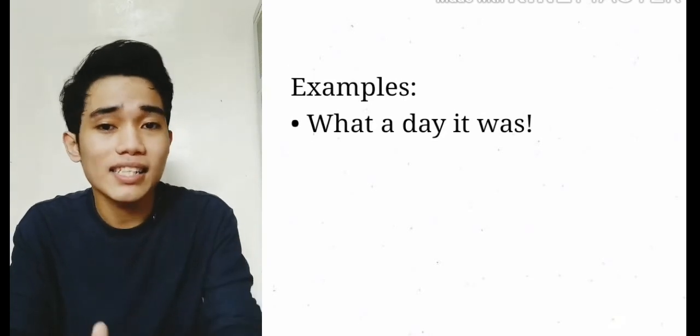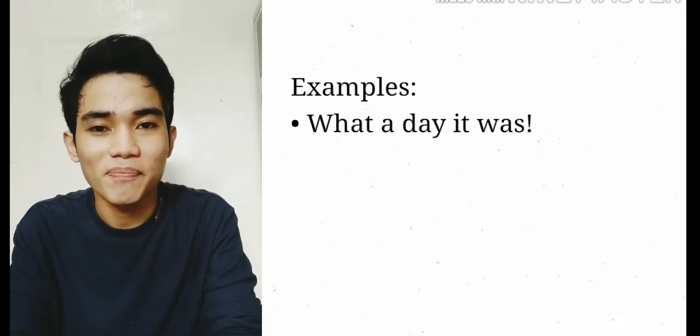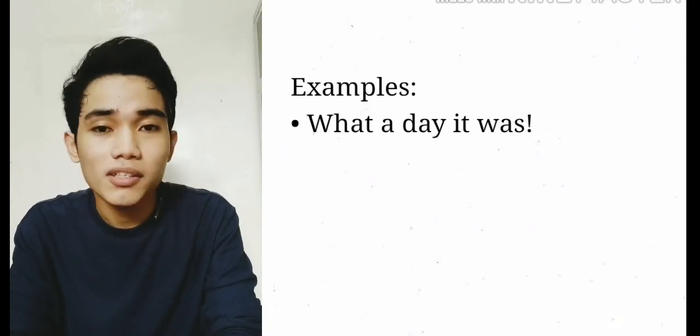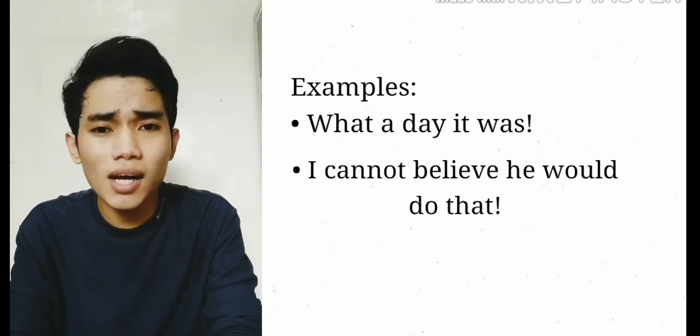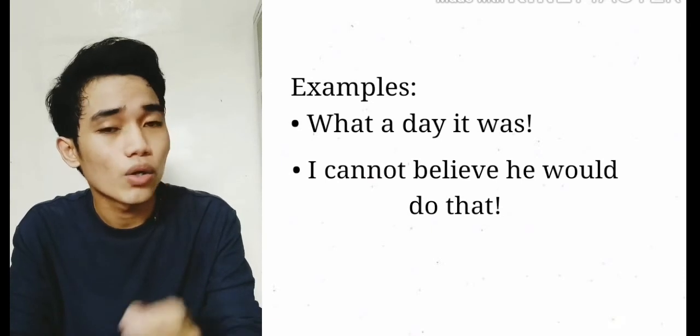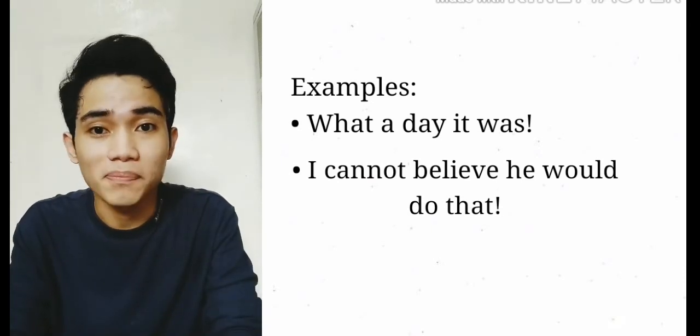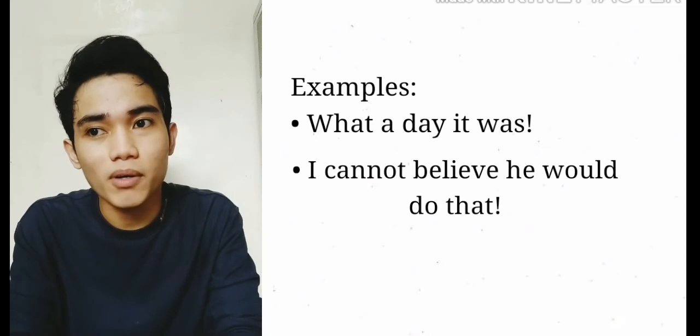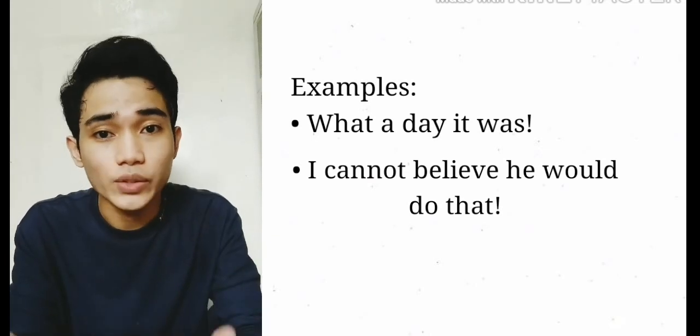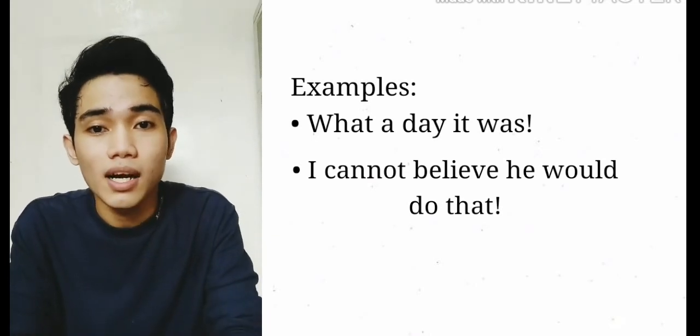With an exclamation mark. For our next example, I cannot believe he would do that! With an exclamation mark as well. So this is also a type of sentence which is very easy to deal with or to recognize.